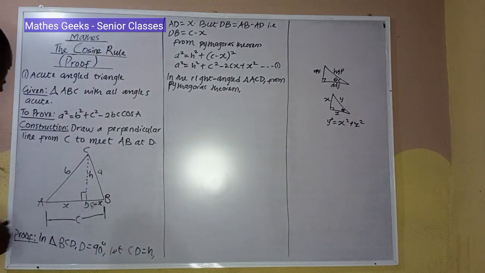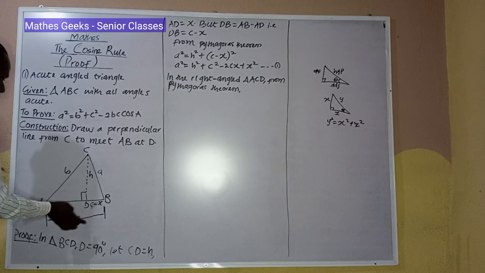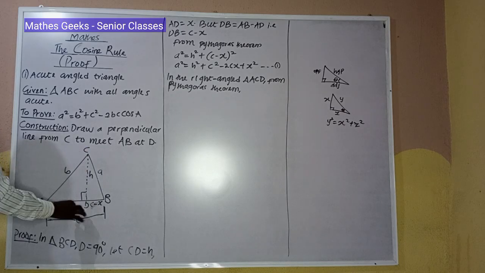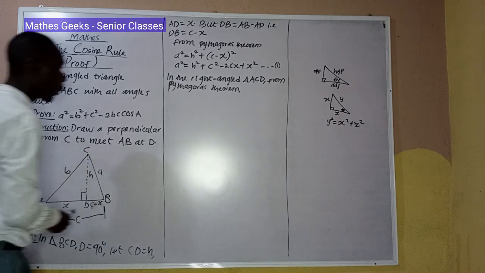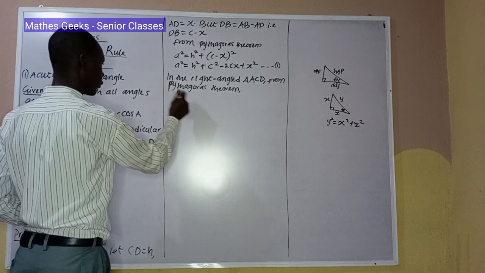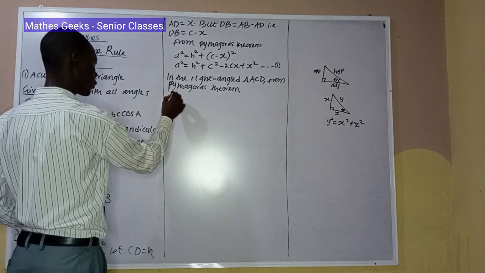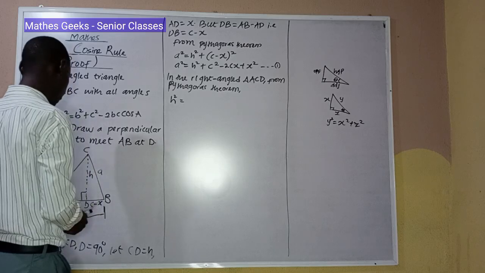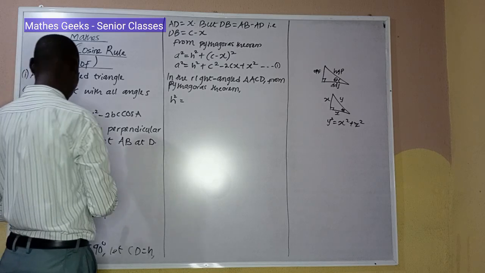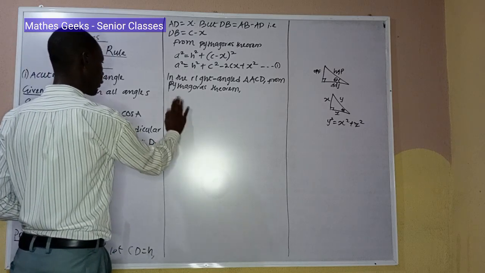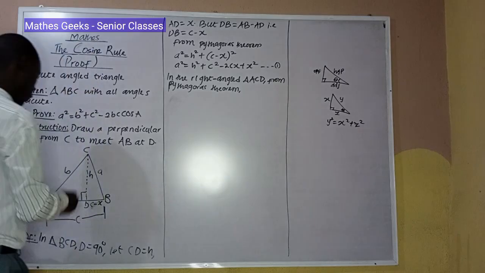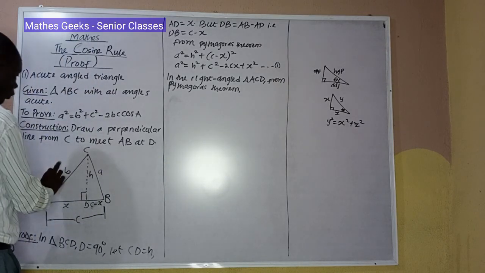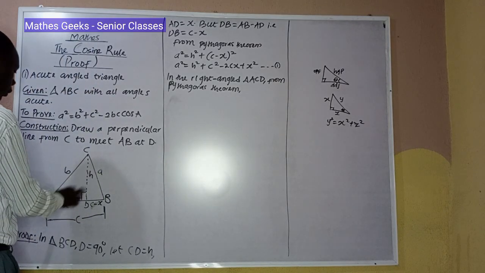So in the right angle triangle ACD, b squared is equal to x squared plus h squared.